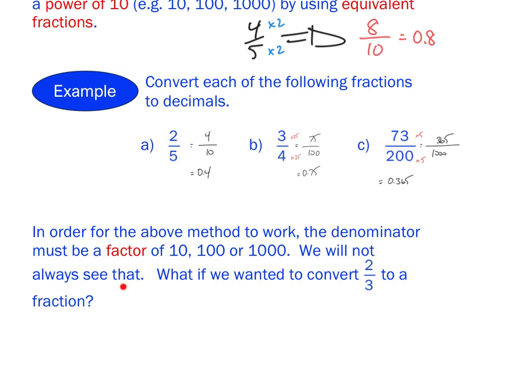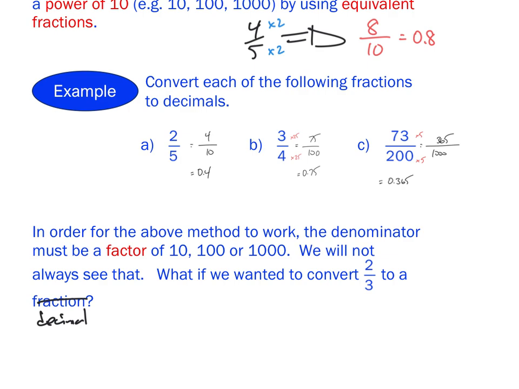For example, what if we want to turn 2 over 3 into a decimal? You can't do it this way because 3 does not go into 10, 100, or 1,000. So we need a new strategy.